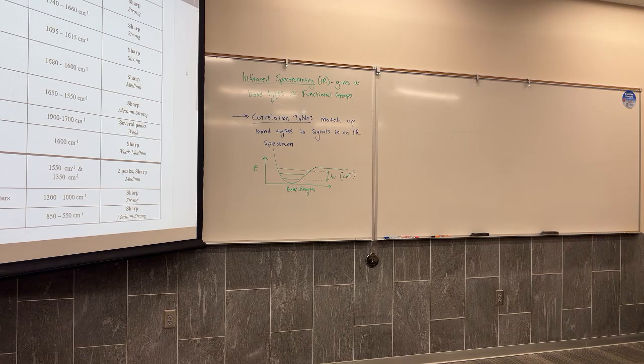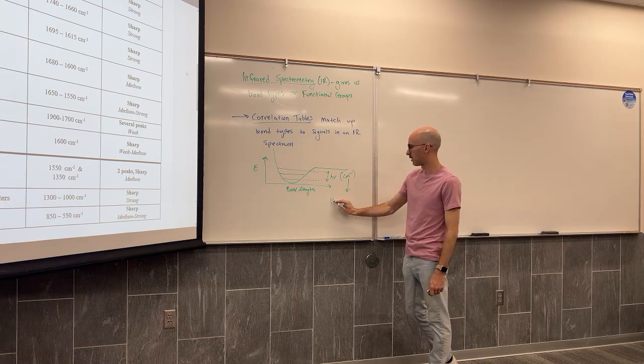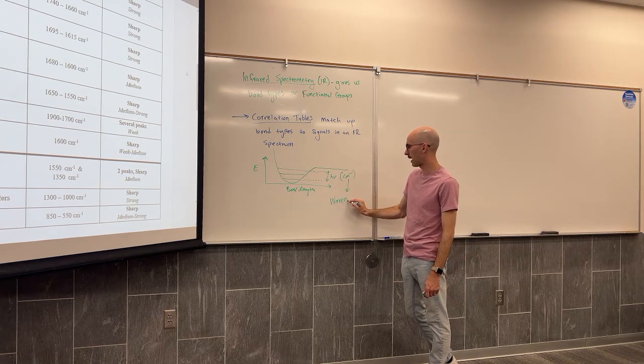Frequency. Even though it is a unit of length, it's actually a unit of per length. And anytime you have a per something, you're looking at frequency. Per second is hertz, that's frequency. Per centimeters, frequency. This per centimeter is called a wave number.